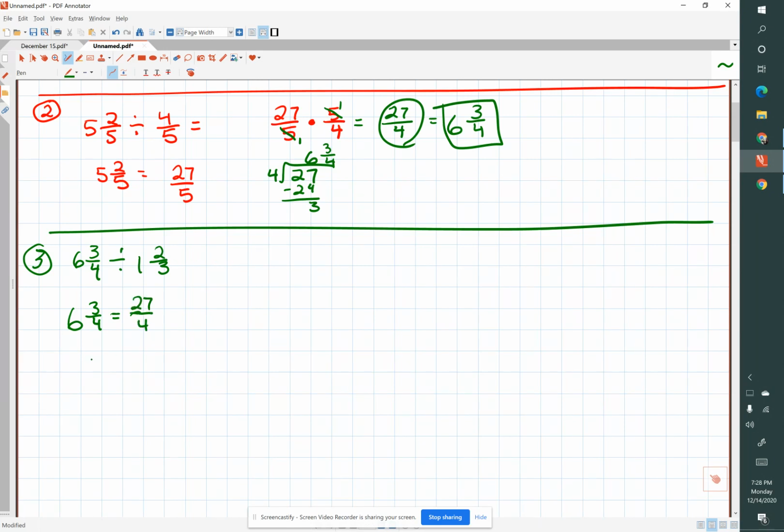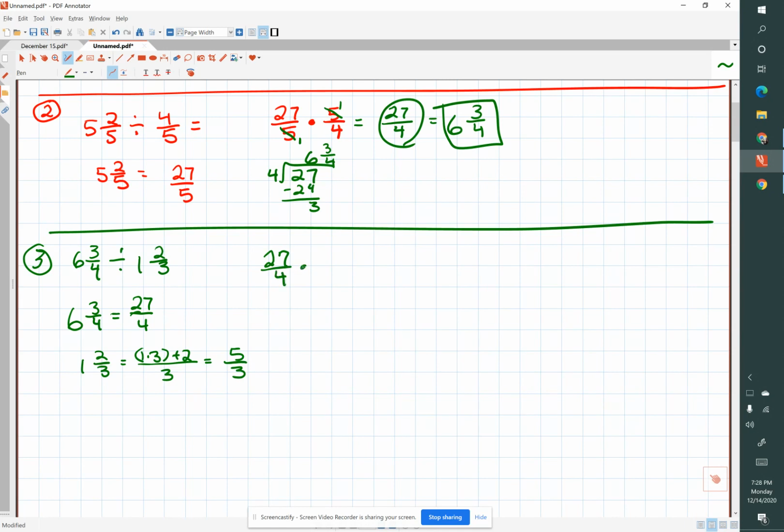And 1 2/3 will be 1 times 3 plus 2 equals, 1 times 3 is 3 plus 2 is 5/3. We do the keep, change, flip part.